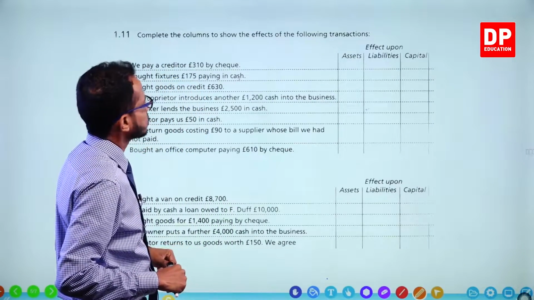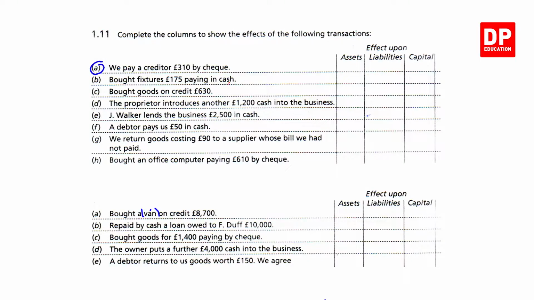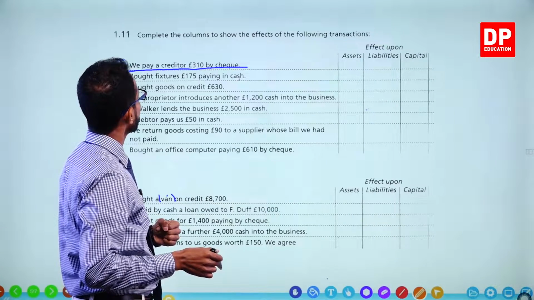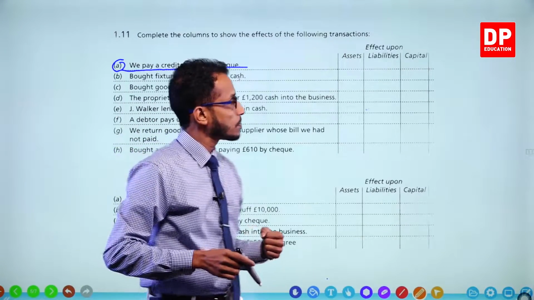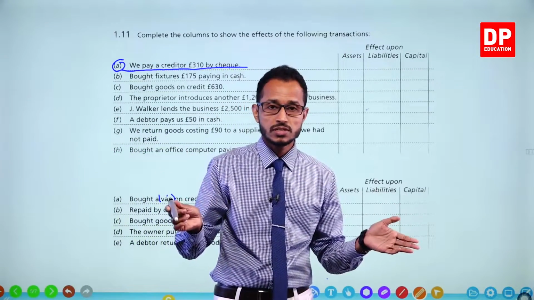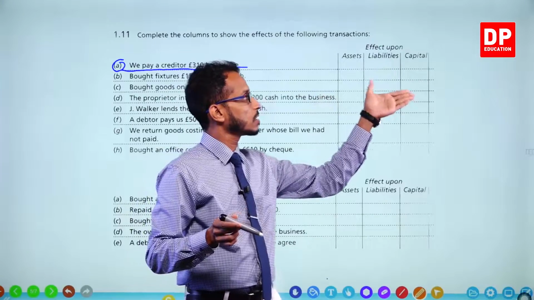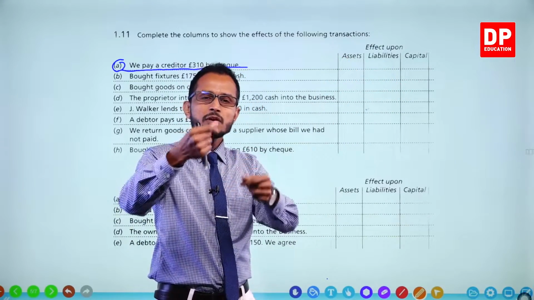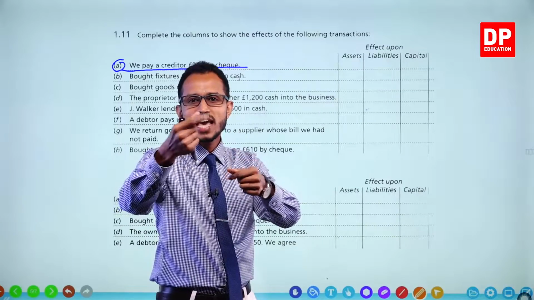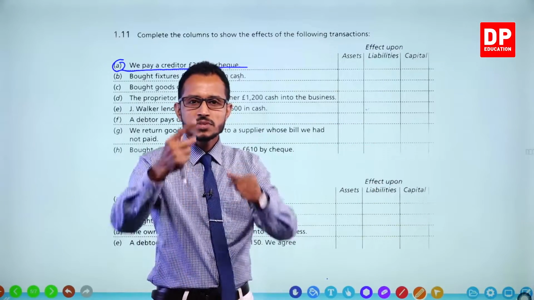First transaction. We pay a creditor 310 by check. That is the transaction. How to record this transaction? We pay a creditor means, isn't our money, business cash going out?